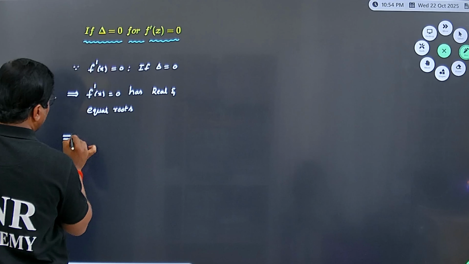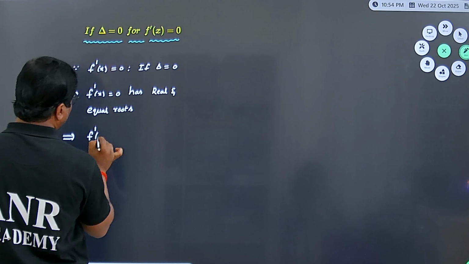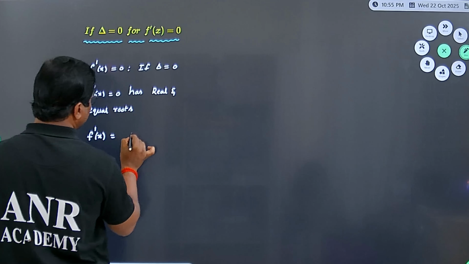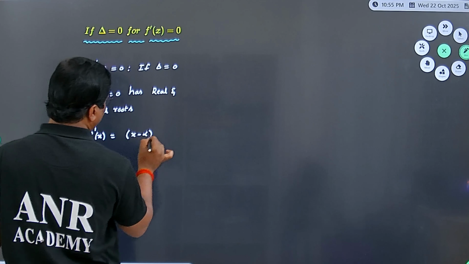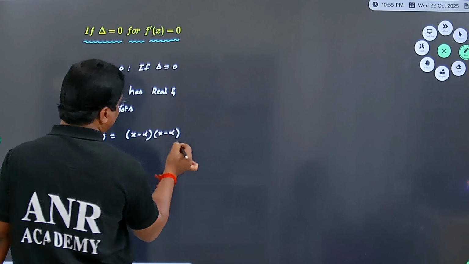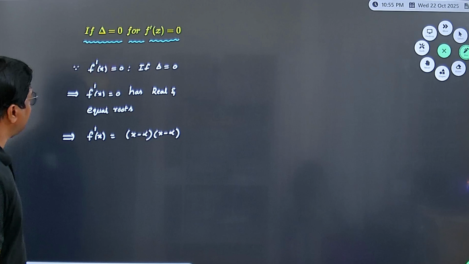When it has real and equal roots, I can write f dash of x with real and equal roots. So, suppose that alpha is the repeated root.